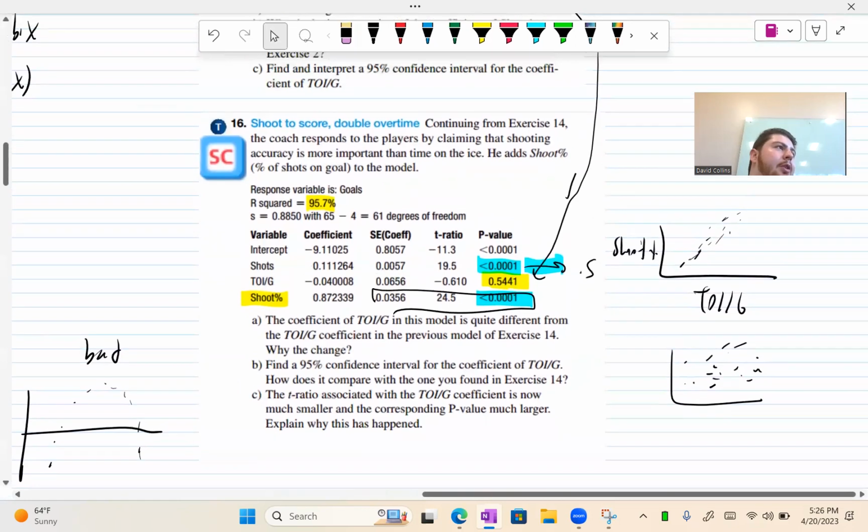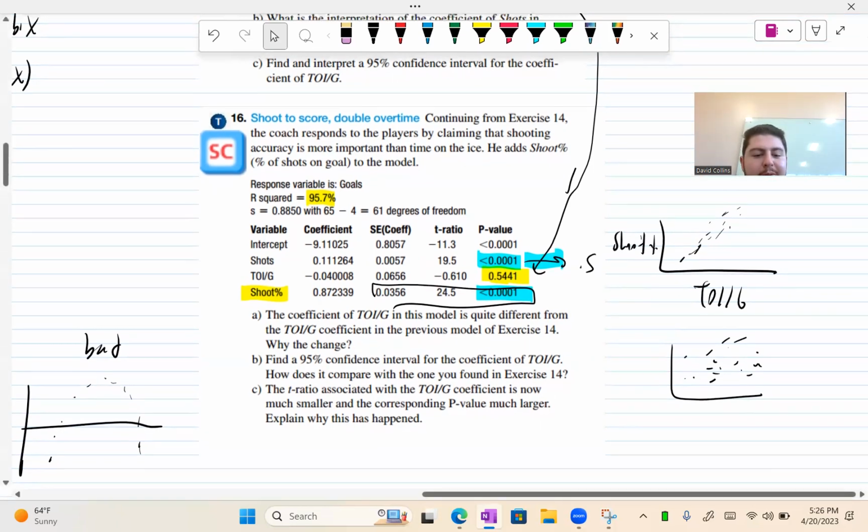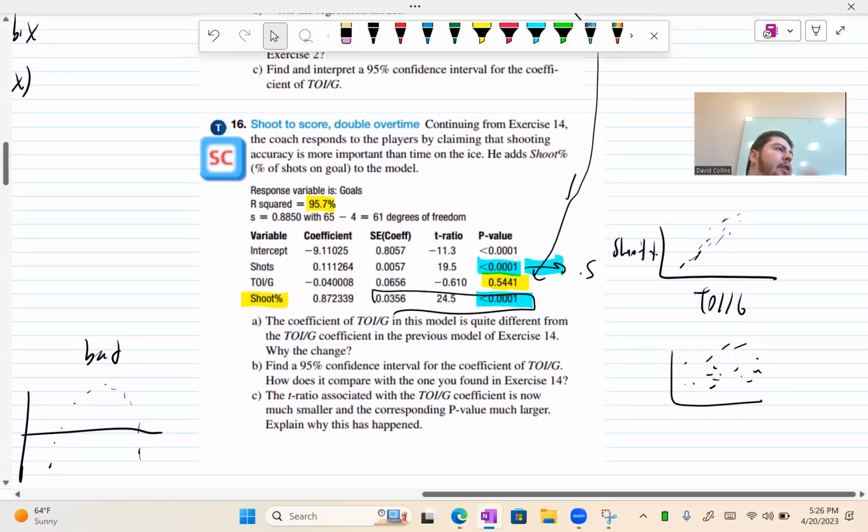You would need the table. You'd go to the bottom where the 95% is, go up to the degrees of freedom, 61, and find the T critical. You're talking about part C? T ratio is your t-score. That's the thing you calculate at the end of the hypothesis test.